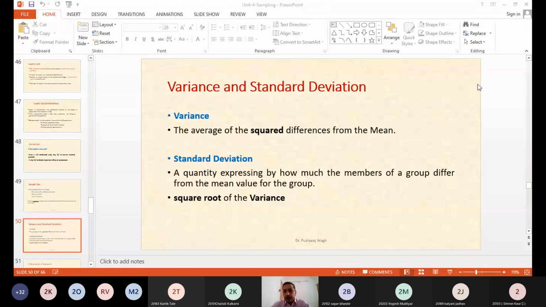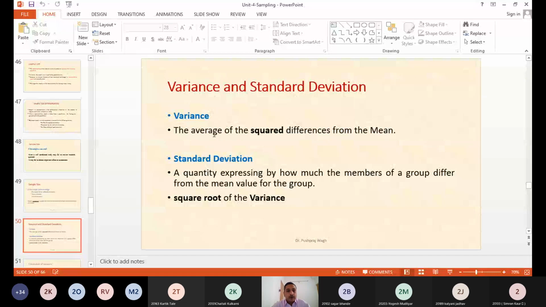So we'll first understand what these terms, variance and standard deviation, are, so that we can understand them whenever they come up in our discussions ahead. First of all, the variance. What is variance? Variance is the average of square differences from the mean.